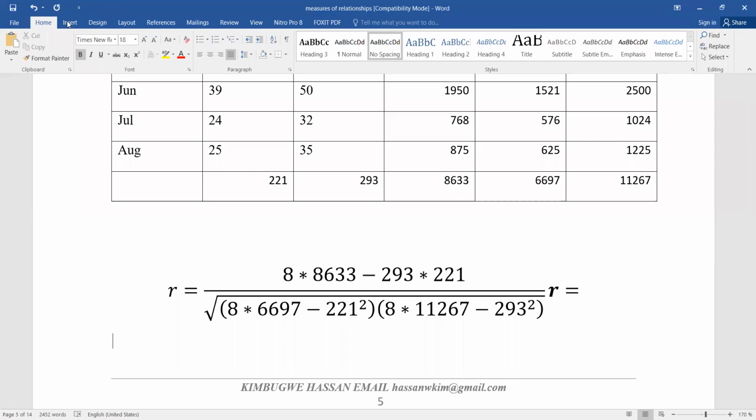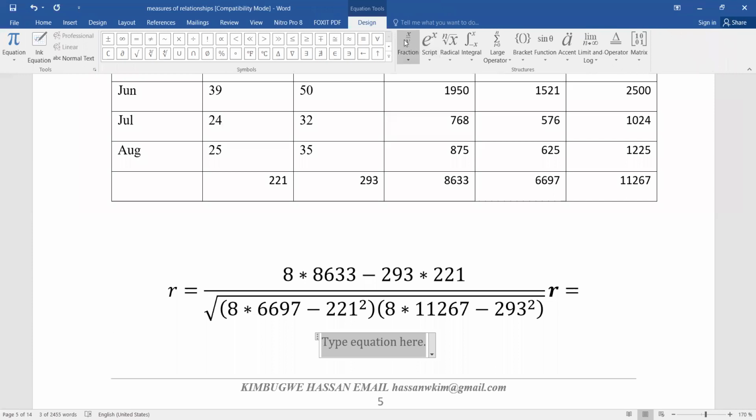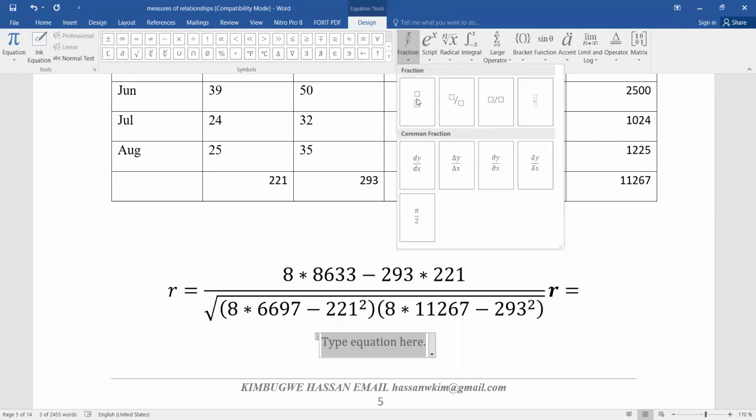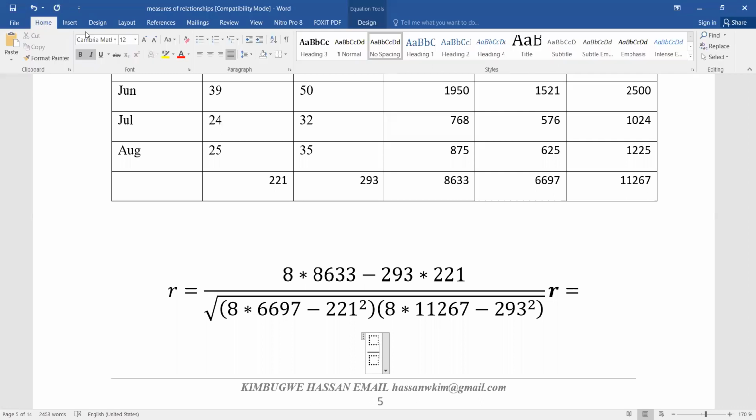So we insert it and we break it down. I increase the font to 16.